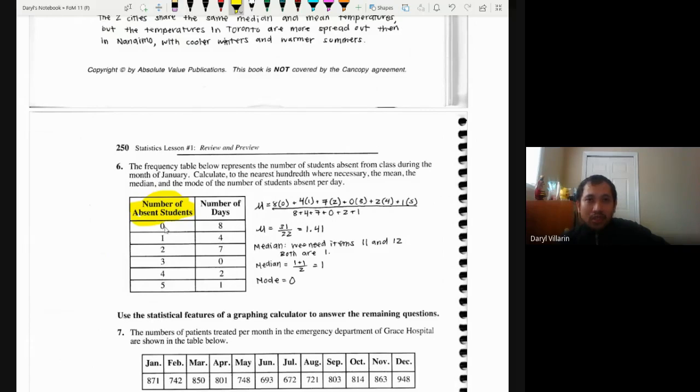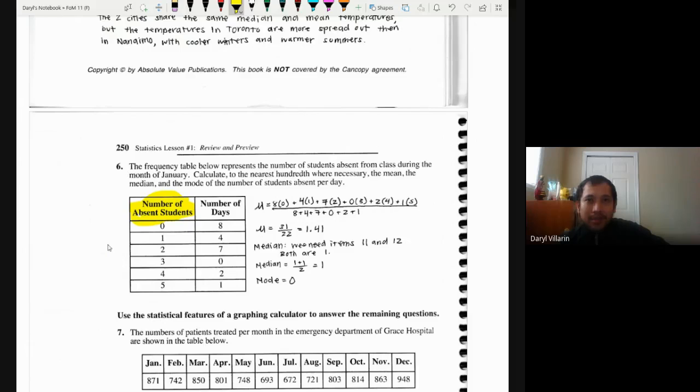For 0, there's no absent student. It would be 8 days. And then 4 days, there's one student that is absent. So actually, this is a frequency table. It is also given in your example there.